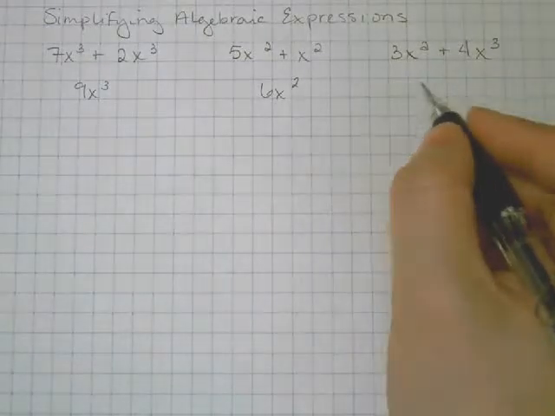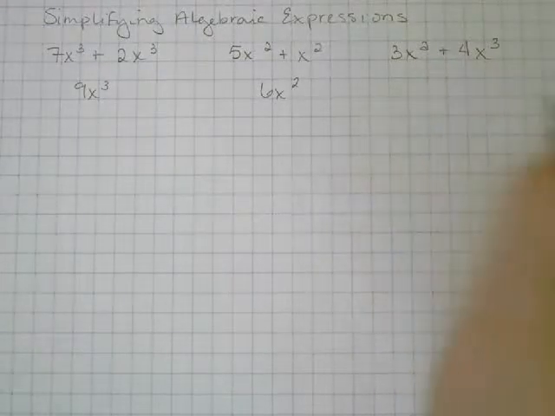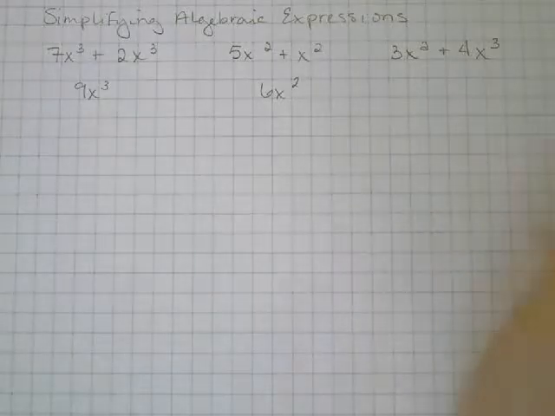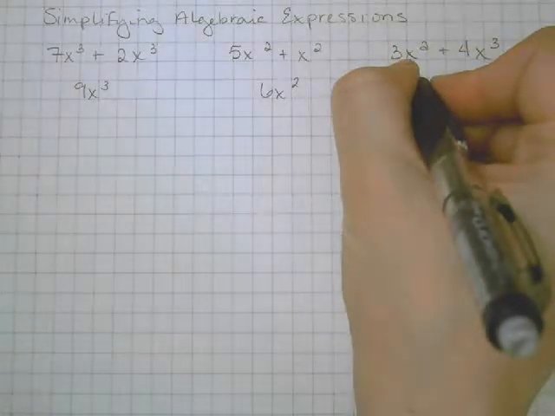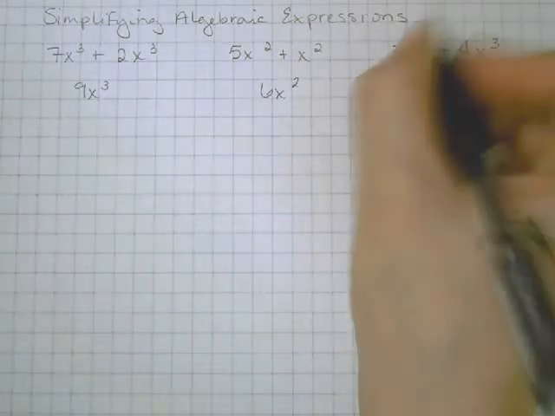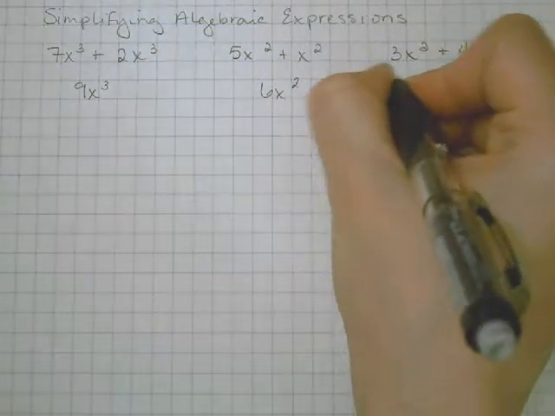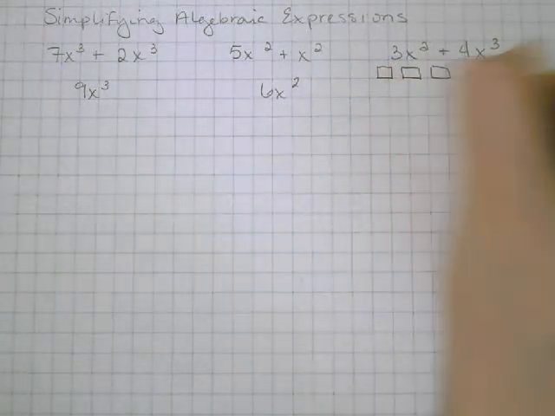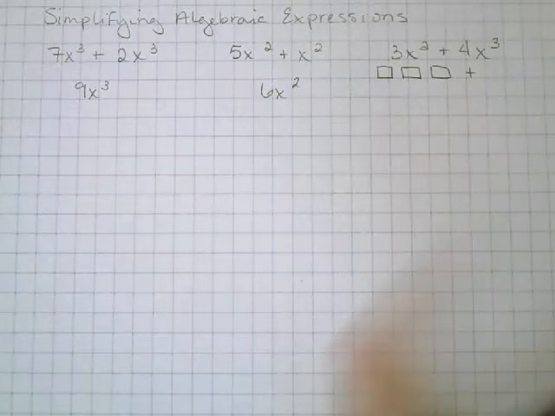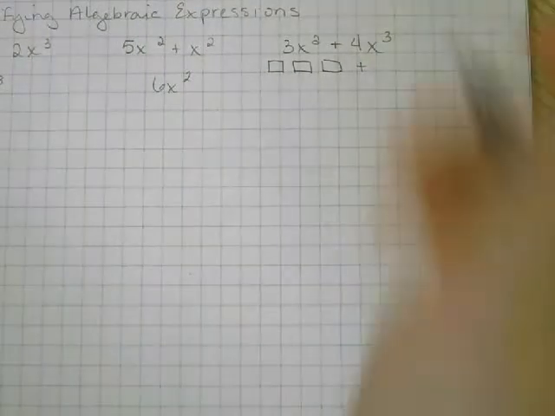Now on this third example, I have 3x to the second plus 4x to the third. So if I look at that as 3, let's look at the x squareds as just squares. So I've got 3 squares. And then I have 4, x to the third. Let's look at those as cubes.